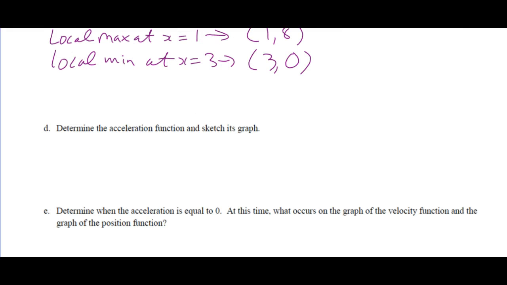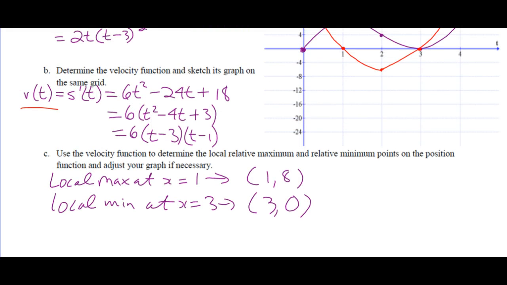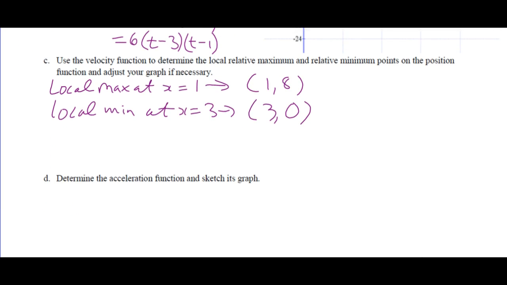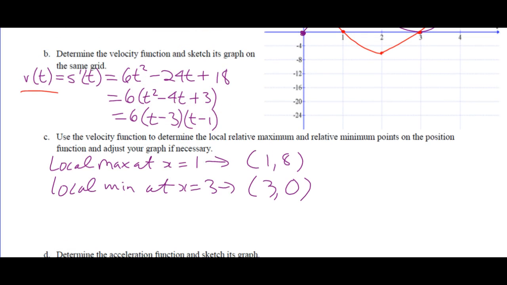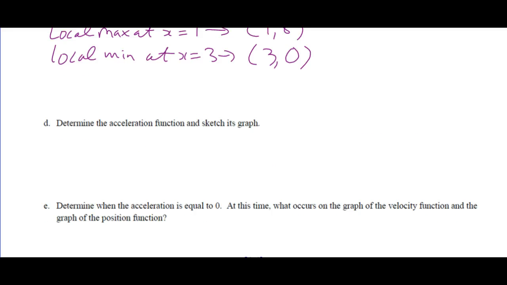Determine the acceleration function and sketch its graph. Okay, so acceleration, so we've got what, 6t squared? So it's going to be what, 12t minus 24? So a of t is v prime of t is s double prime of t is 12t minus 24.